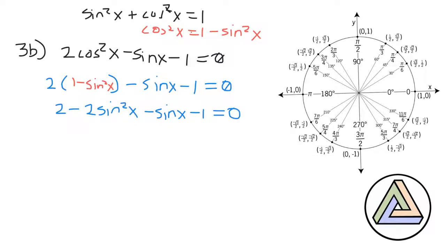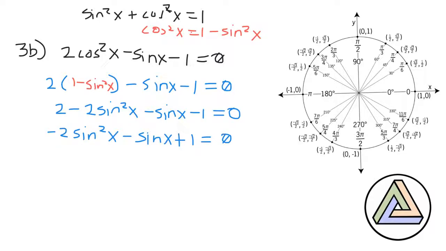And then we would want to simplify all this. So this positive 2 combines with the negative 1 to give us a positive 1. So we end up with negative 2 sine squared x minus sine x plus 1 equals 0. Now, I'm about to treat this like a normal quadratic equation, perhaps do some u substitution, but this negative is problematic for us.